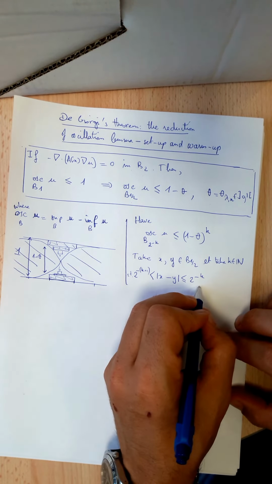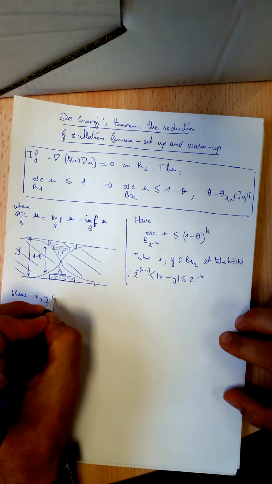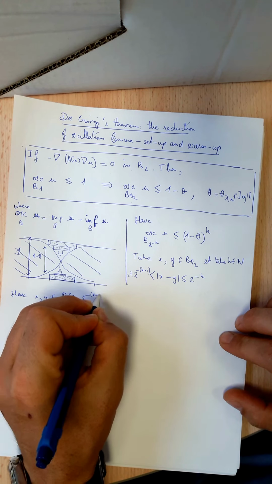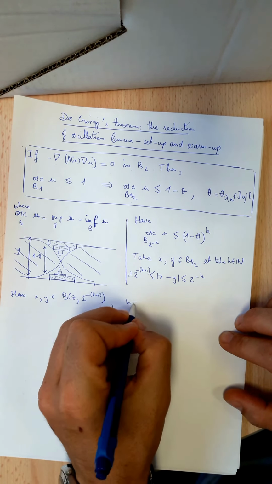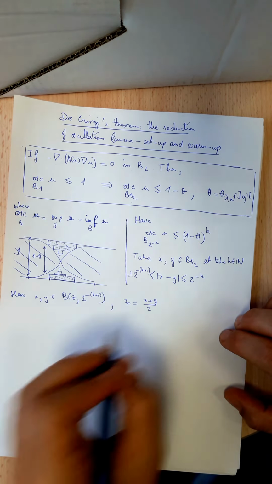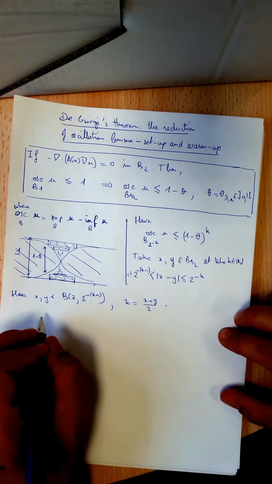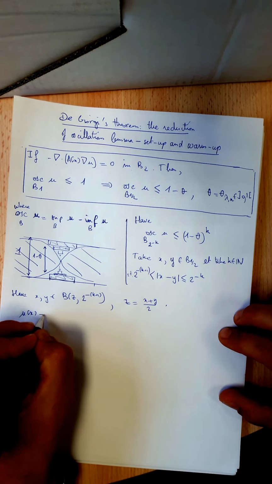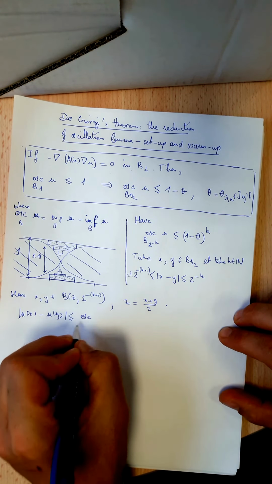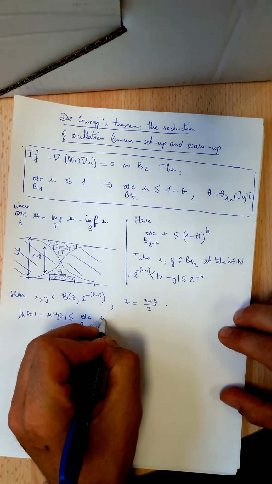All right, so because of the upper bound, we know that x and y belong to some ball of radius 2 to the minus k plus 1, and it's the ball centered at the midpoint z equal to (x plus y)/2, right? Okay, so now we can apply the oscillation lemma to say that u of x minus u of y is going to be less than the oscillation on some ball of radius 2 to the minus k plus 1 of u.